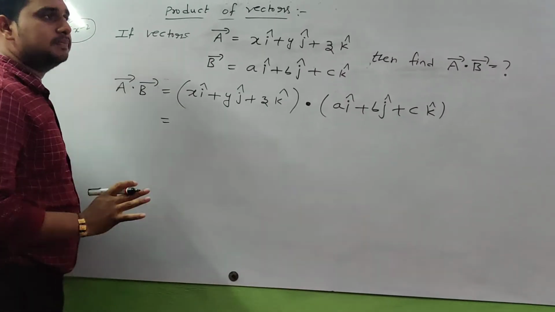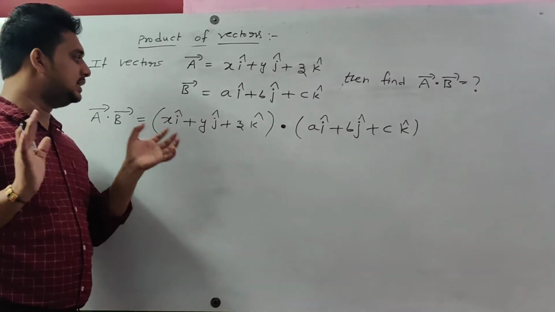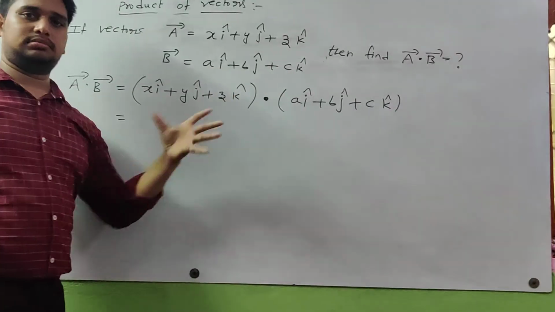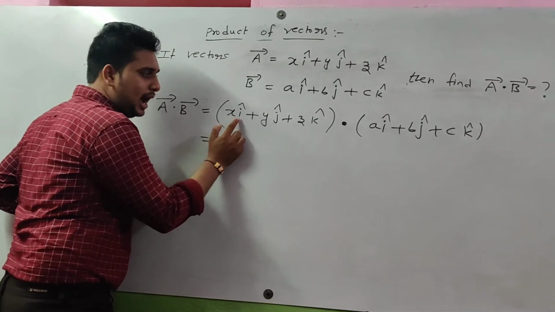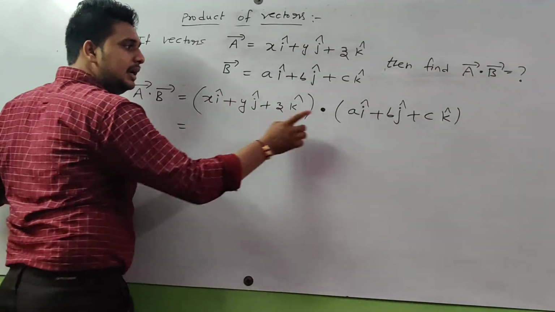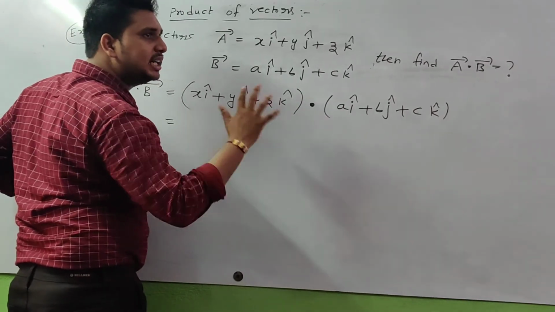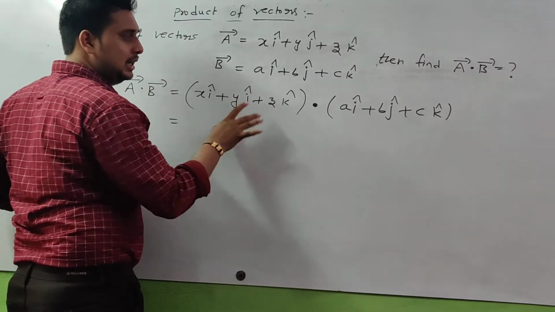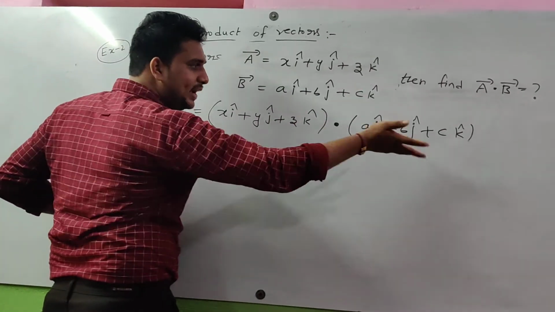I already told how to calculate this a bar dot b bar easily. Easily means here just multiply the coefficients. This x is nothing but the coefficient. I bar coefficient is x here, and here i bar coefficient is a. Just we multiply the coefficients of i bars, plus the coefficients of j bars, plus the coefficients of k bars.